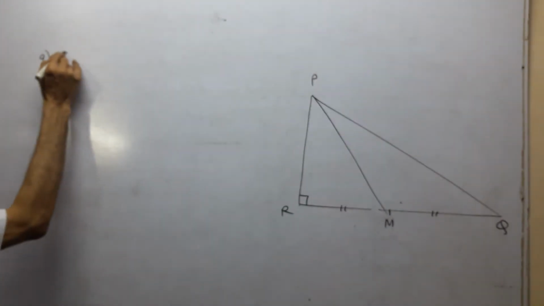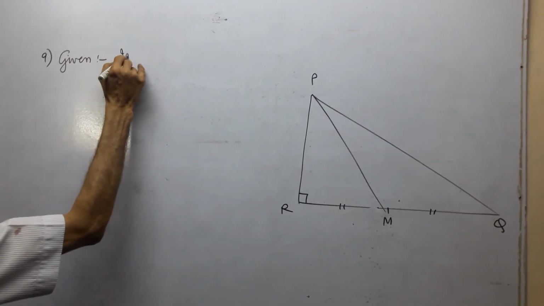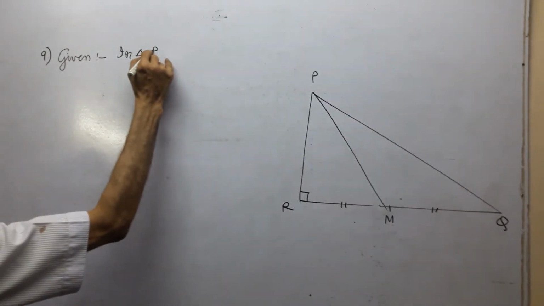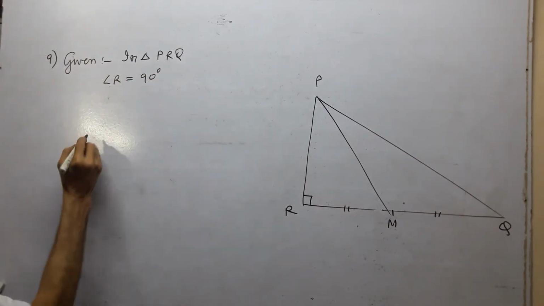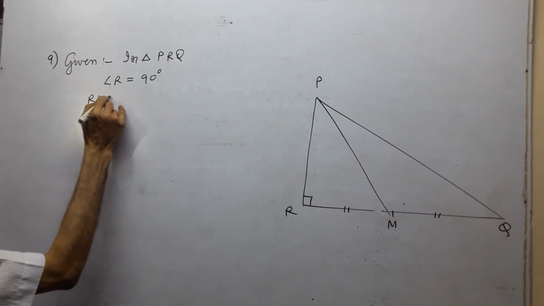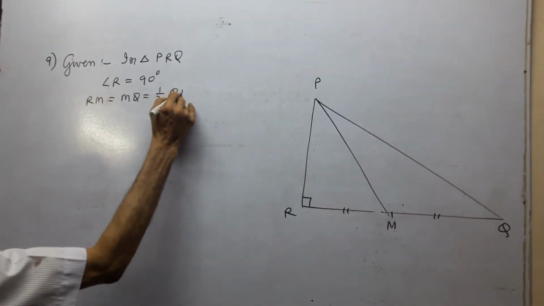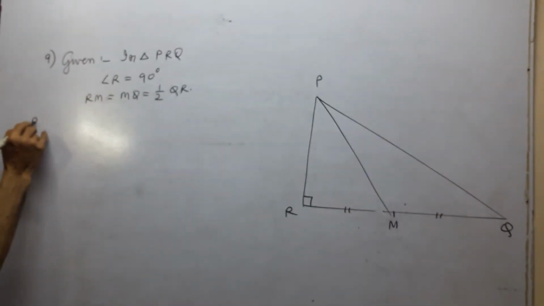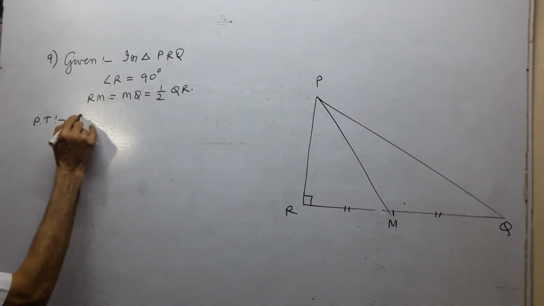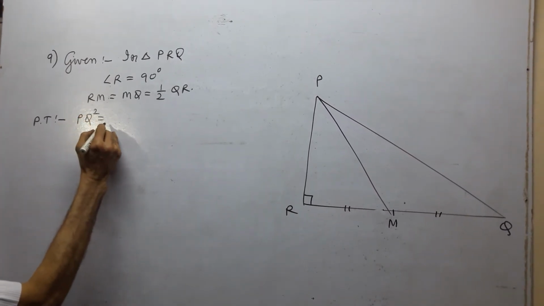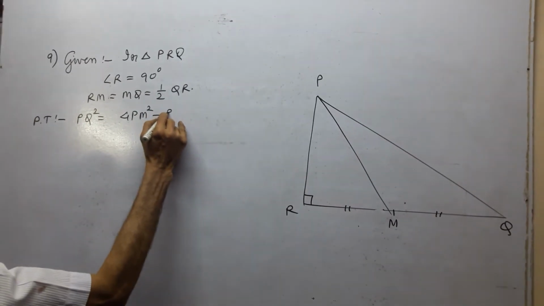So given, in triangle PRQ, angle R is 90 degree, and RM equal to MQ, that is half of QR. This is given, and prove that PQ square is equal to 4PM square minus 3PR square.